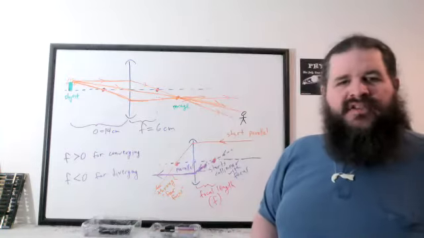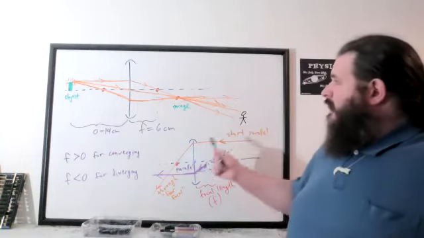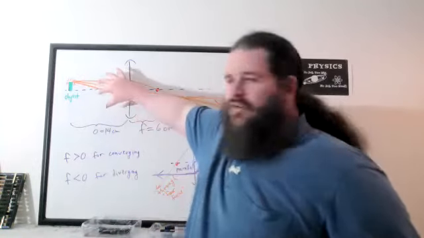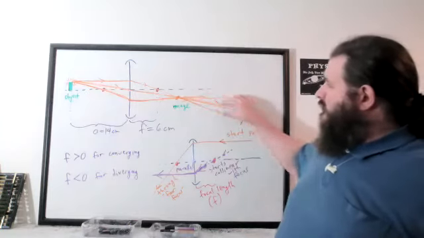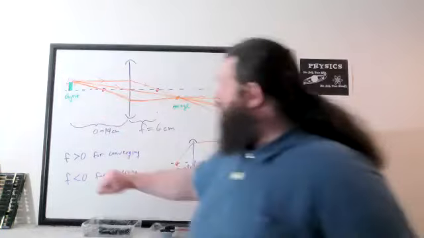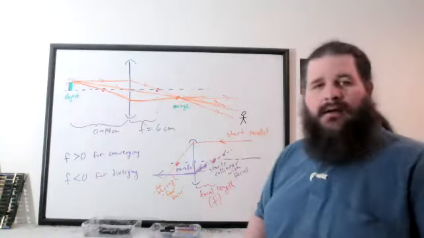And the reason we call this the image is it's what it looks like the object is at. If you're standing over here, you're not really seeing the object. The rays of light coming from the object don't directly get to your eyes. The rays of light that get to your eyes are rays that seem to have come from this point. Even though they originated from the object, the last point they seem to be coming from is this point right here.